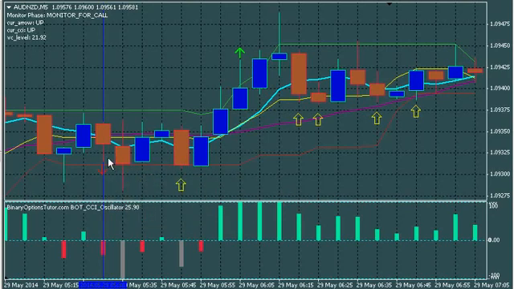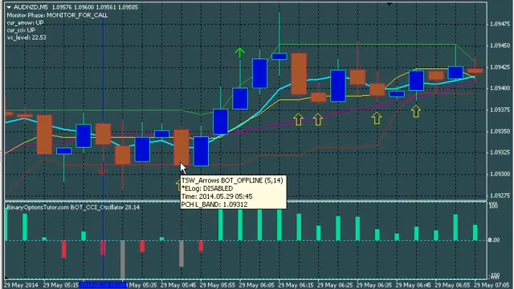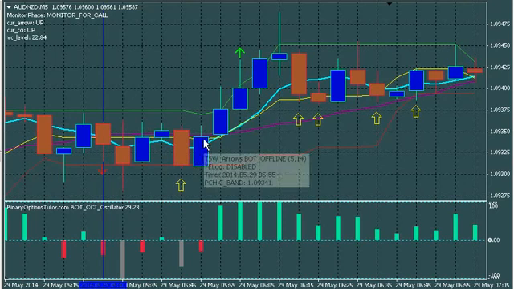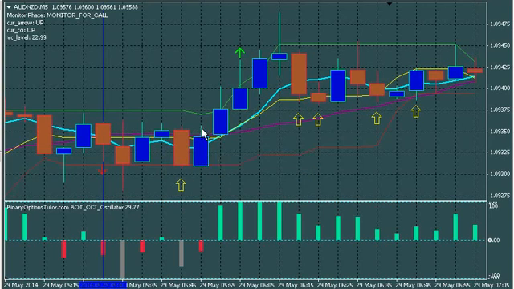I'm looking for some confirmation at the bottom of the channel, and that confirmation came here with the rejection. Now we're touching the bottom of that channel again, and we're just going to play off of it and take our quick 5-minute call. I'm using the same template, I'm only using this template in a different way.